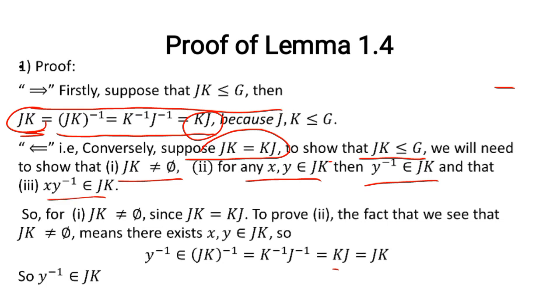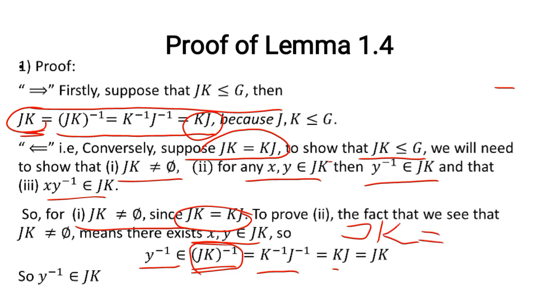So far so good. We've been able to show that it is not empty because of this relationship. And then we're able to pick this element Y because we know this lies in JK. And if that is the case, what happens? I'm able to write this to be this. We know now that JK is the same as JK inverse, right?